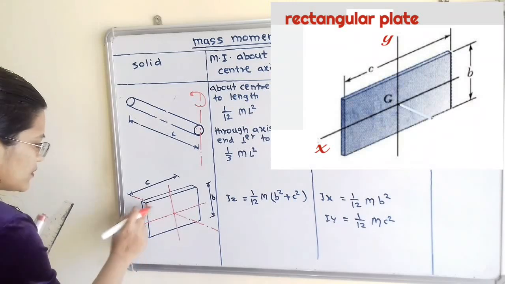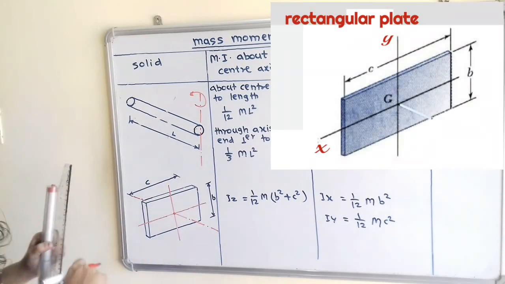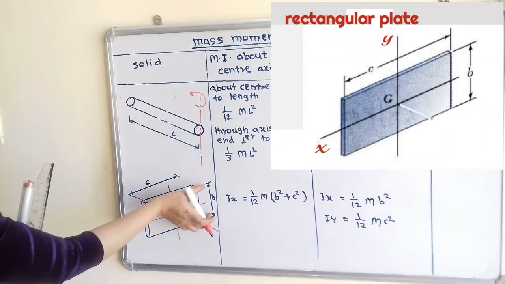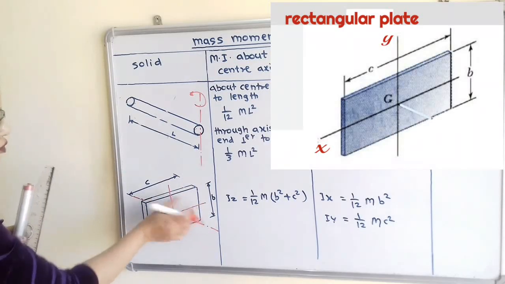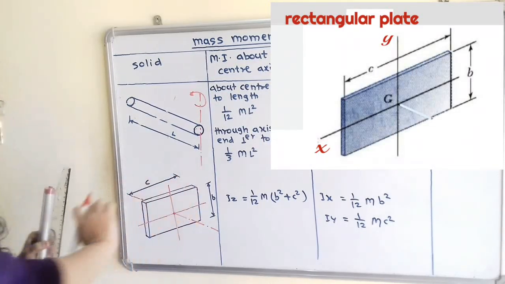If I draw two lines passing through the center, then it divides the length B into two parts, and in the same way it divides the total length C into two parts.